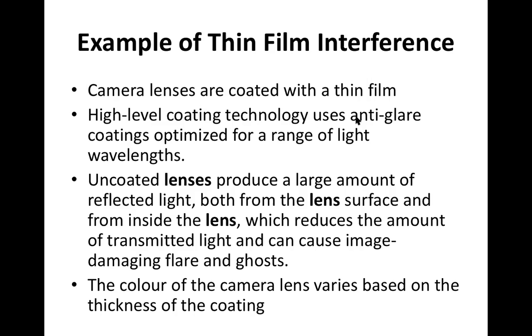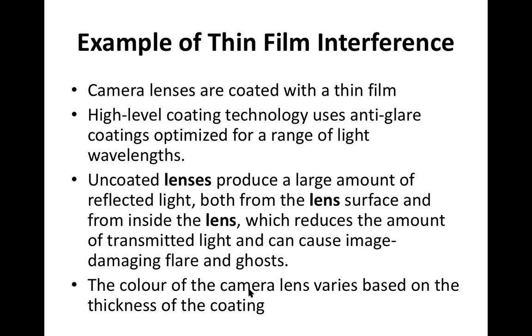High-level coating technology uses anti-glare coatings optimized for a range of light wavelengths. Uncoated lenses produce a large amount of reflected light, both from the lens surface and from inside the lens, which reduces the amount of transmitted light and can cause image damaging flare and ghosts. And your photos will not look as good if you don't have the anti-glare coating.